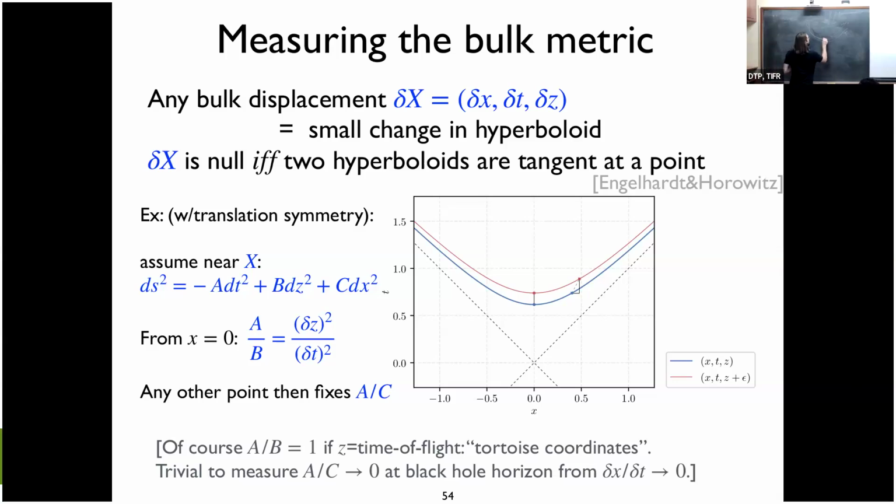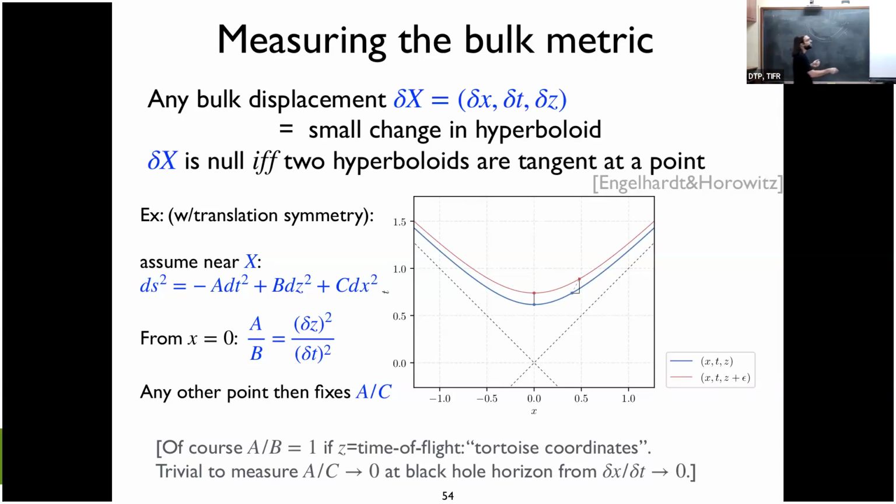So we have curves like this, where they are tangent at one point and one is strictly inside the other. And this tells you that the displacement between these curves is null, according to the bulk metric. So that gives you a definition of which bulk vectors are null. And once you know what bulk vectors are null, it means you know the conformal metric.